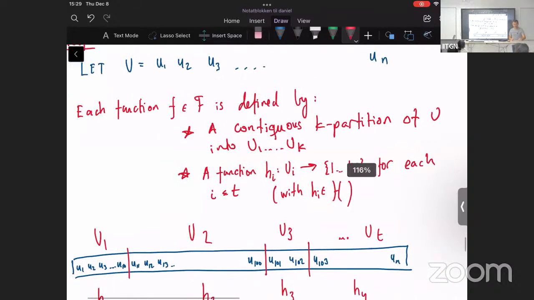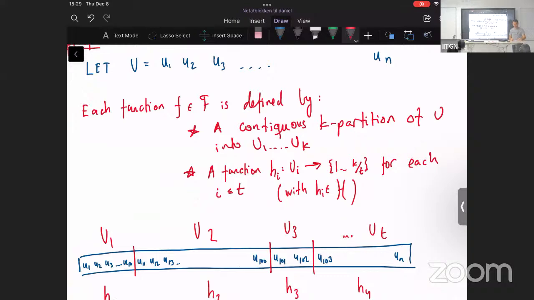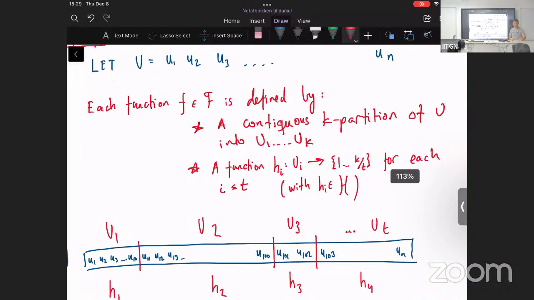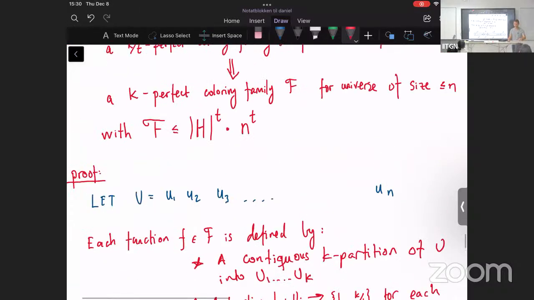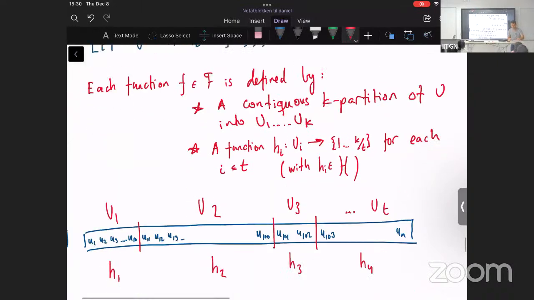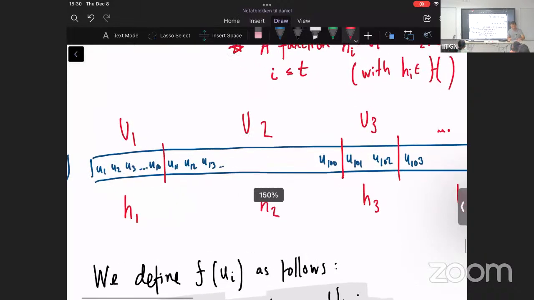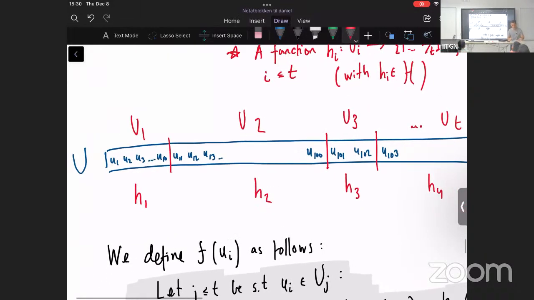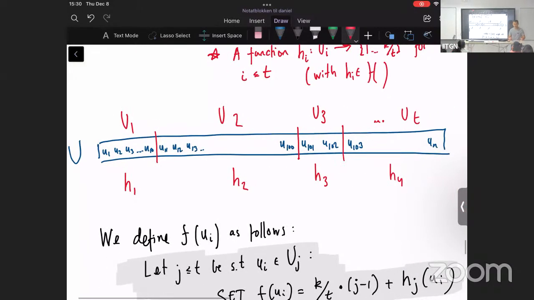And in addition to the contiguous k partition, I give you a function h_i from the ith copy of the perfect family H for sets of size k over t. I think the picture shows this better. So what I want to do is the following. I have some unknown set S that I'm trying to multicolor.